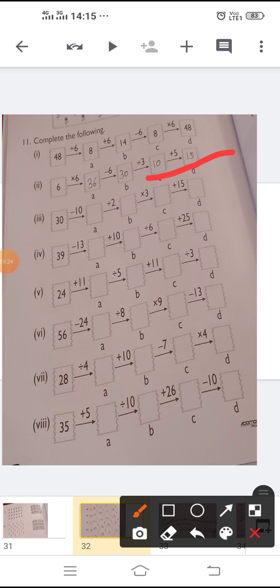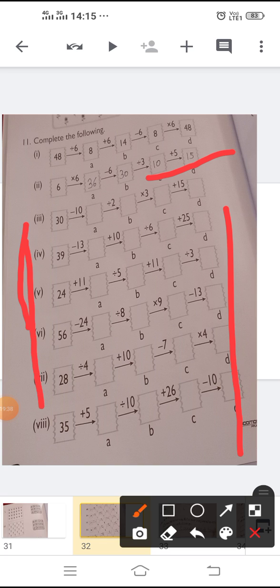Understood? What signs we are having, according to that we have to do it. Like one more I will do for you. Rest of the part you will do on your own. From 4th you will do on your own.